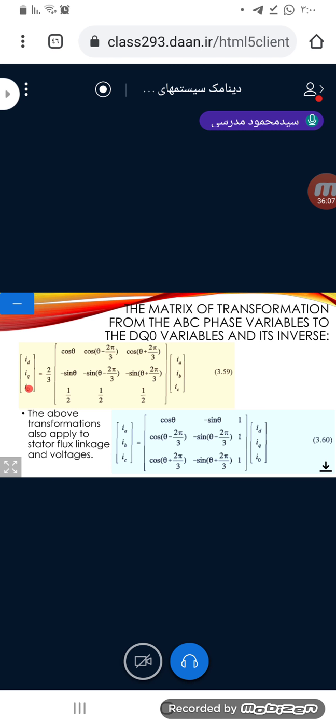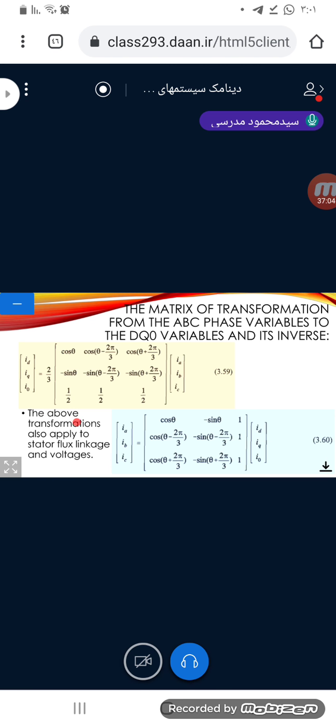ID, IQ, and I0 is equal to 2 over 3 bracket cosine theta, cosine theta minus 2 pi over 3, cosine theta plus 2 pi over 3; minus sine theta, minus sine theta minus 2 pi over 3, minus sine theta plus 2 pi over 3; and 1 over 2, 1 over 2, 1 over 2, multiplied by the vector of IA, IB, and IC.